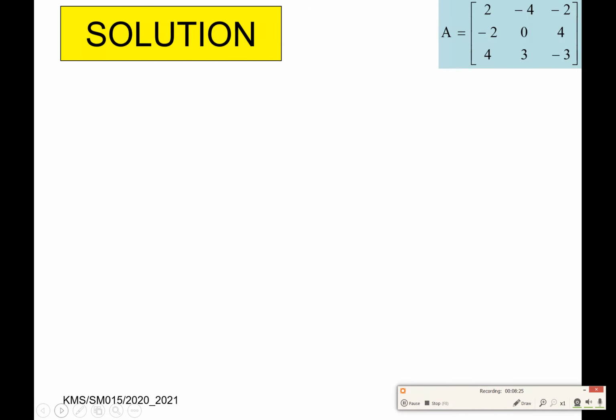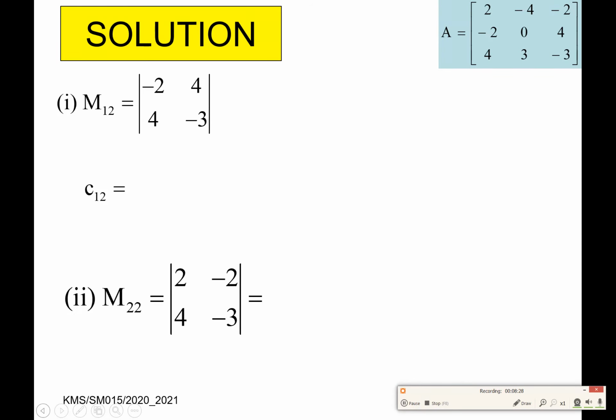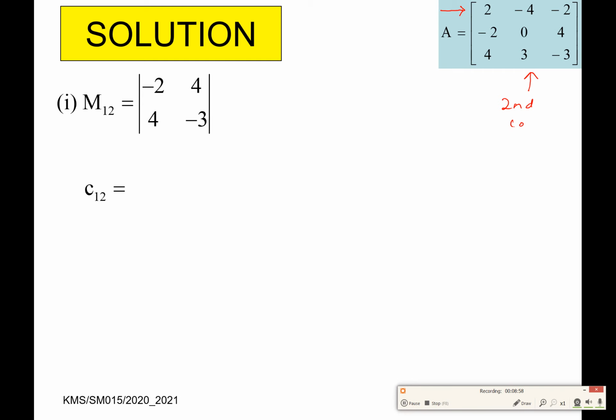Okay, M12. So for 1, 2, of course we have negative 2, 4, 4, 3. Here 1 is the first row and 2 is your second column.